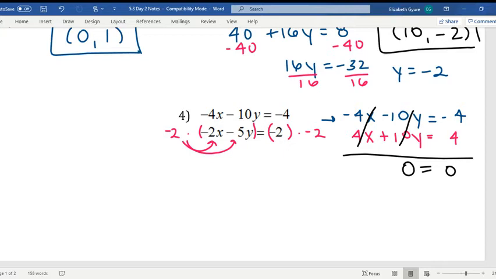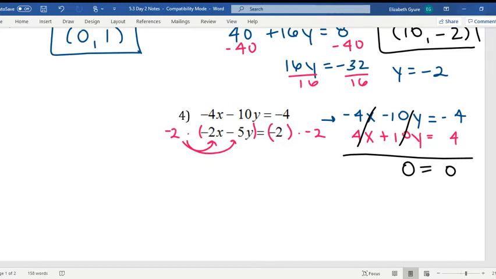Is 0 equals 0 a true or a false statement? Who remembers? Does 0 equal 0, guys? It's true. So Lynn says it's true. Yeah, Olivia says it's true. Annalise says it's true. If it's true, is it no solution or infinitely many solutions? What do we think? If we get a true statement, do we say no solution or infinitely many?